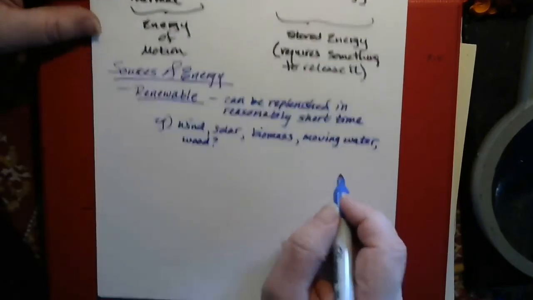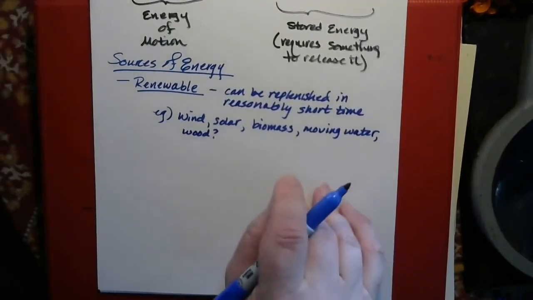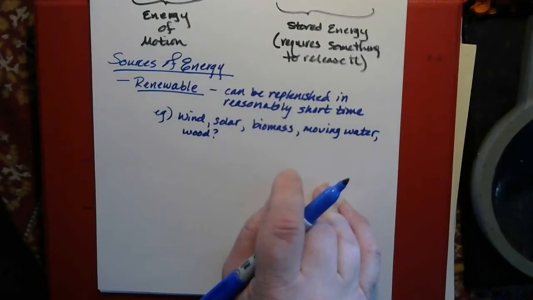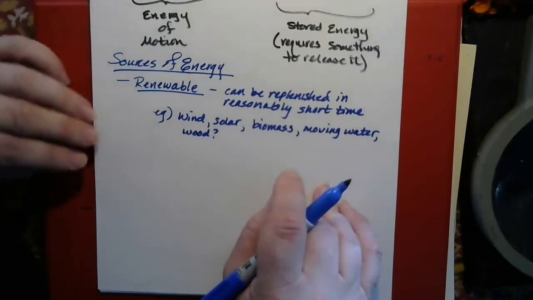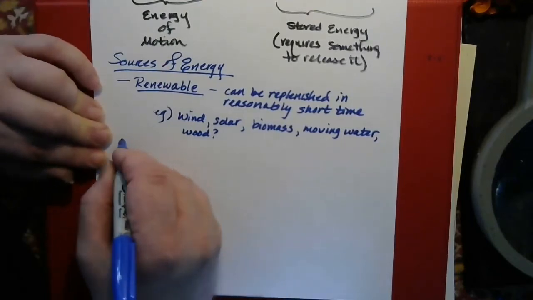Kind of on the borderline of being renewable would be wood, because of course you can grow more trees, but it definitely takes longer to grow a new tree than it does to burn the wood from the tree. So that would be on the borderline between renewable and non-renewable.